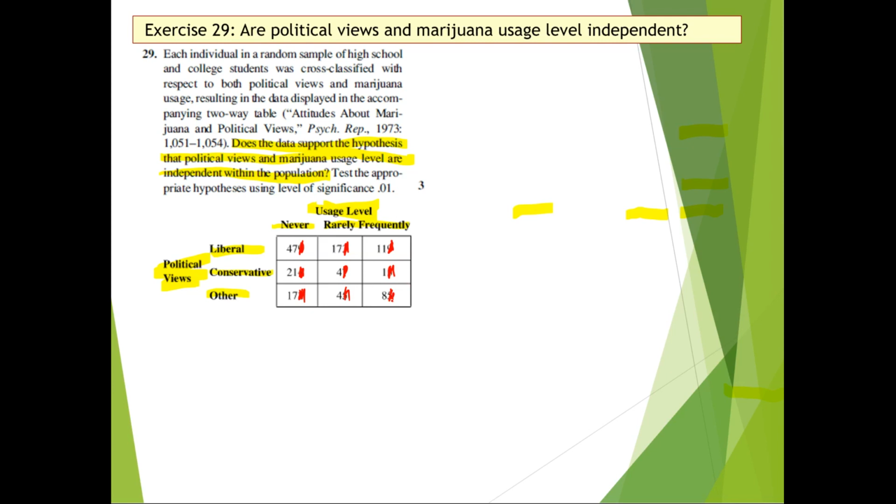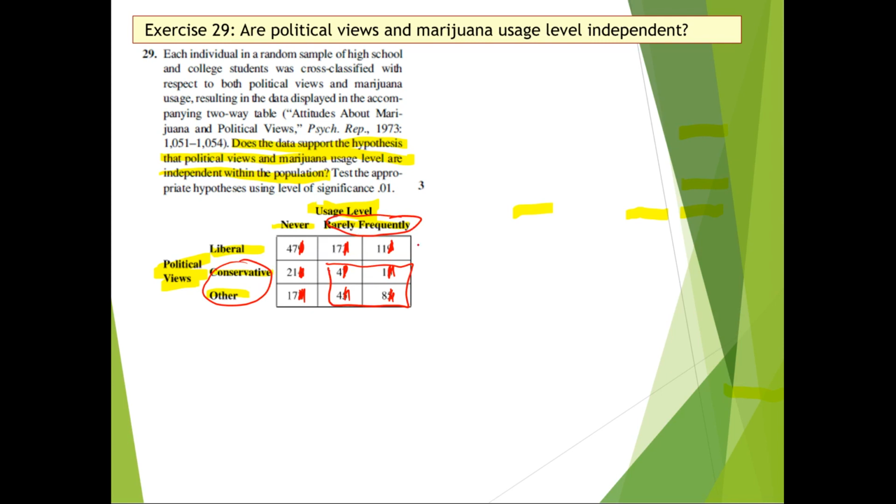And then you can decide on how to combine categories. You can either combine conservative and other, or you can combine rarely and frequently. If you look, these are the small frequencies. And you will have to decide what's going to solve your problem.